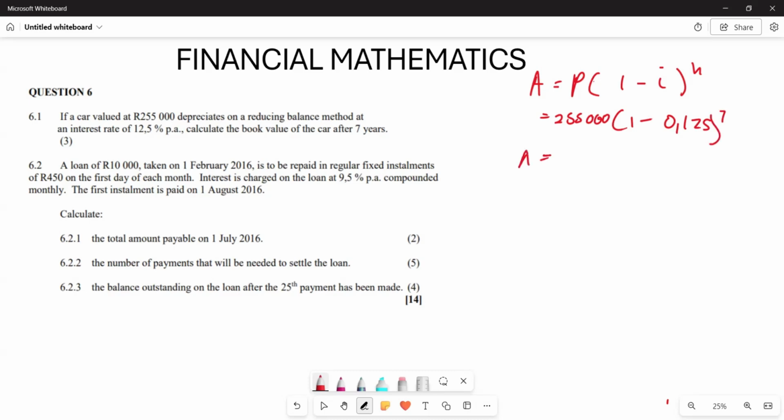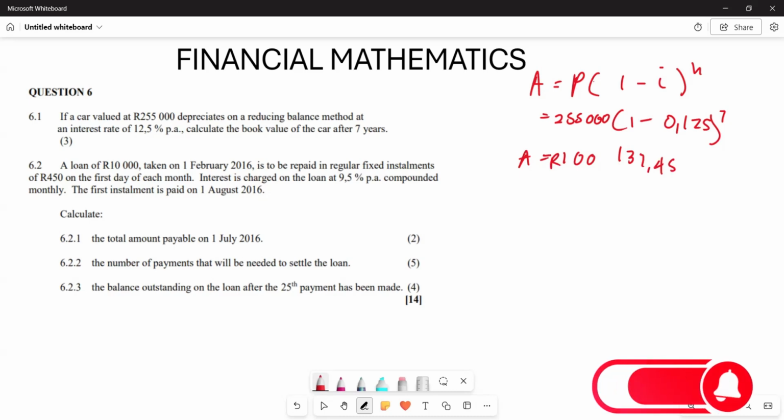You plug this into your calculator and you find that the accumulated value is going to be 137,45 altogether, which is the accumulated value for this particular one.